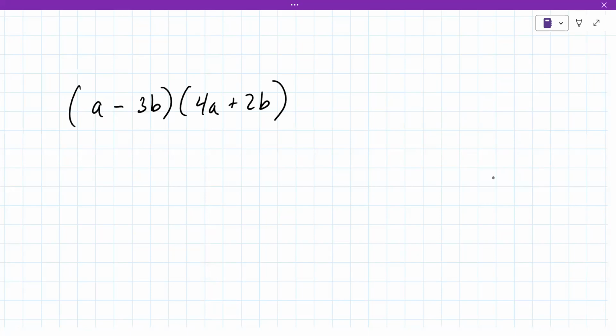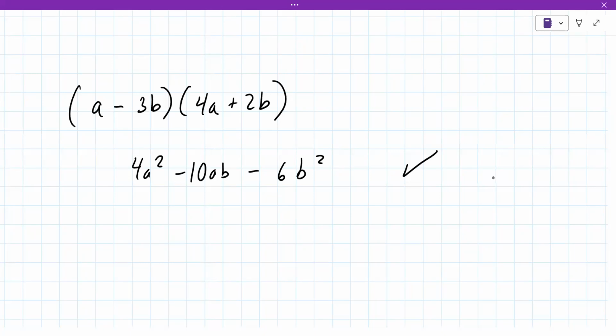So 4a squared. Yep, 4a squared. Keep going. 4a squared minus 10ab minus 6b squared. Yes, really, really good.